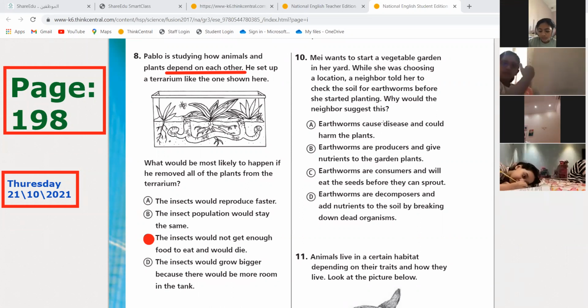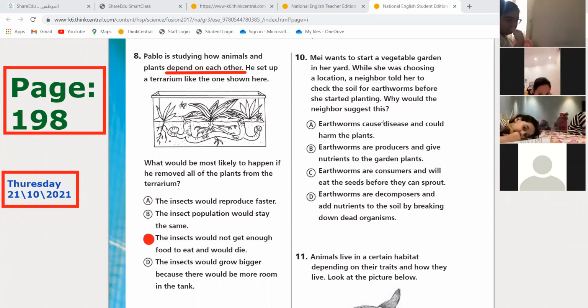Okay. Me wants to start a vegetable garden in her yard. While she was choosing a location, a neighbor told her to check the soil for earthworms before she started planting.